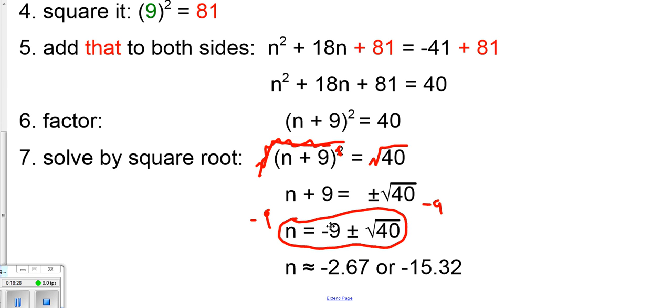Or you could do negative 9 minus the square root of 40, and you'd get about negative 15.32. So if you prefer to put things in their decimal approximations, it would look like this. But if you want to leave things like this, both are acceptable answers.